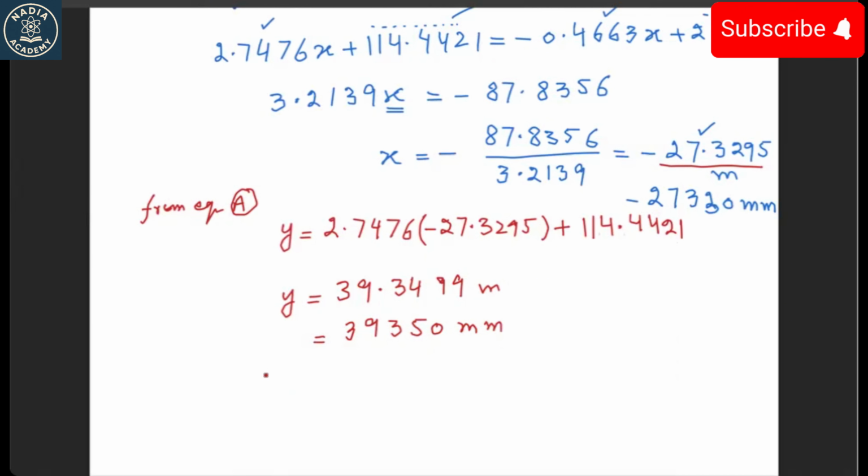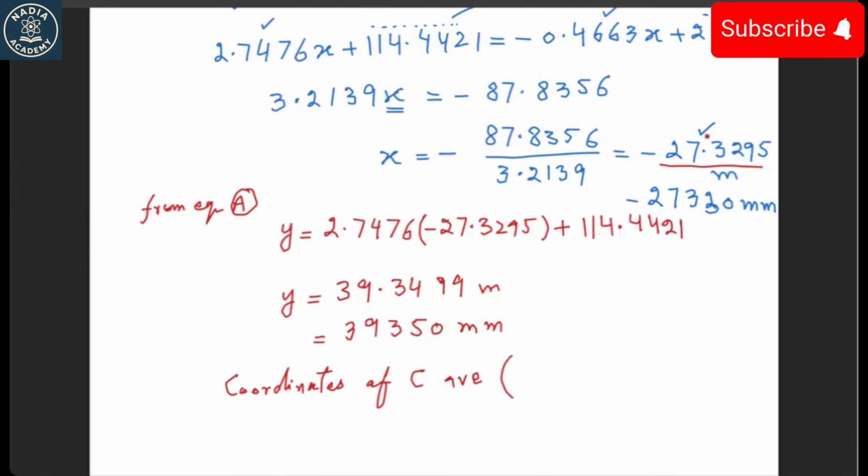So we can say that now our final conclusion is that the coordinates of point C, which is the common point of these two tangents, are the following.